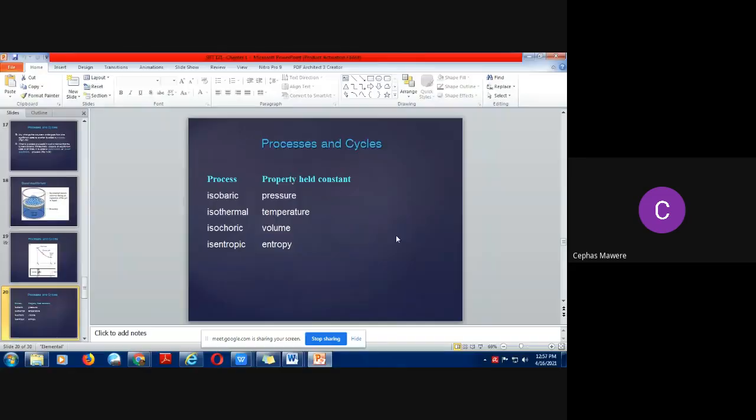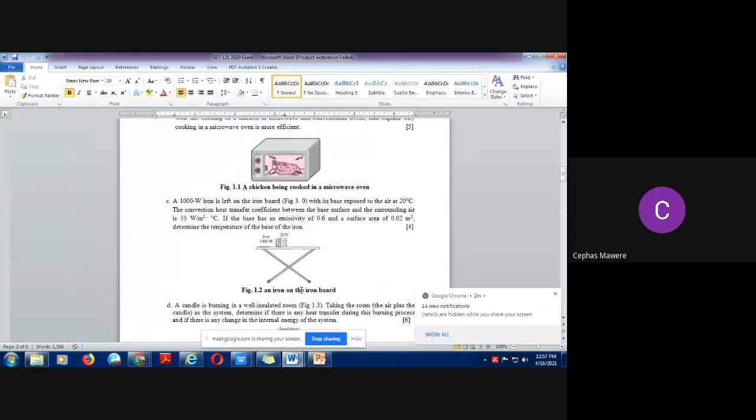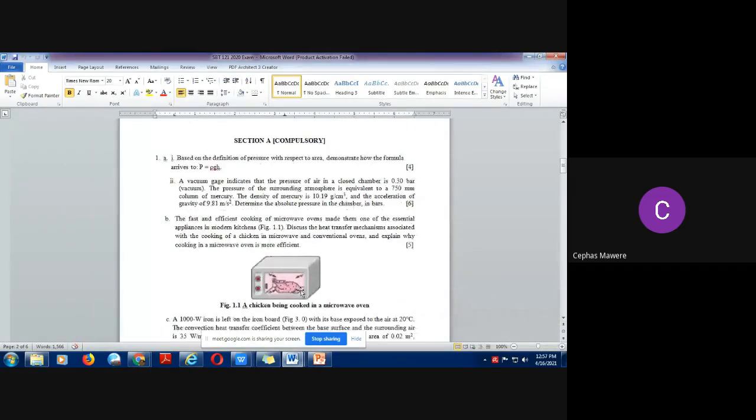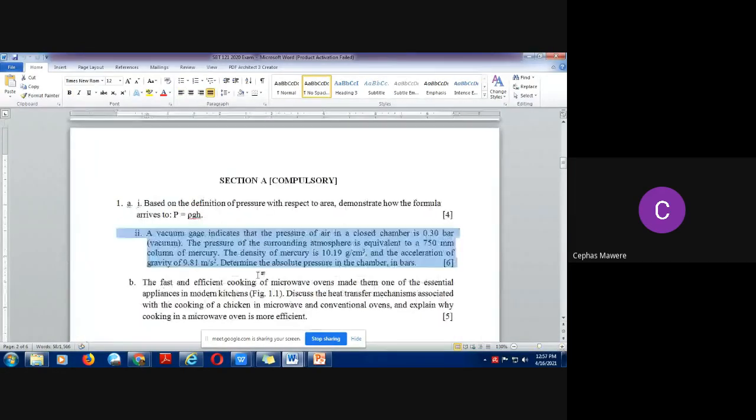Okay, maybe for us to appreciate, let me give something that is interesting. We have this question from last year: a vacuum gauge indicates that the pressure of air in a closed chamber is 0.30 bar.